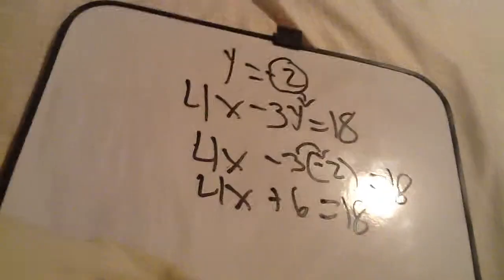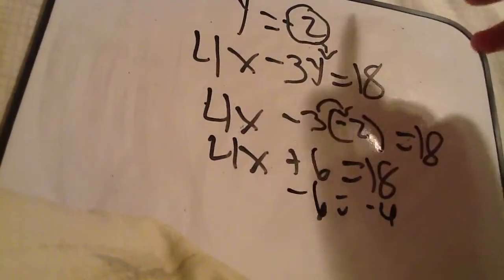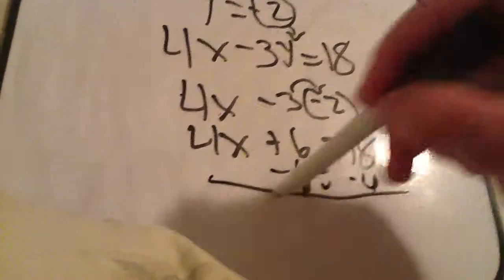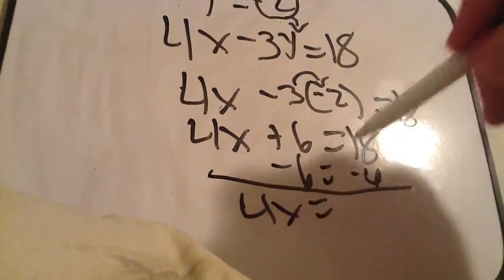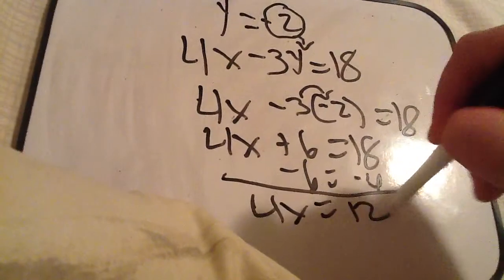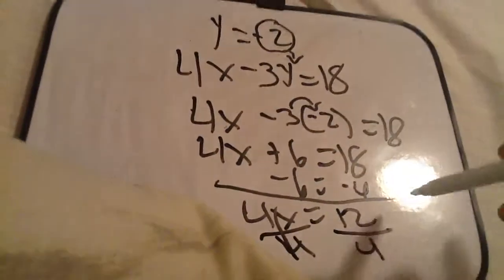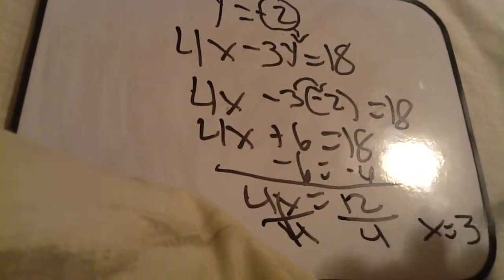And now you're basically going to just solve. So this is going to become negative 6, so 4x equals 12, and divide by 4, and x is going to equal 3.